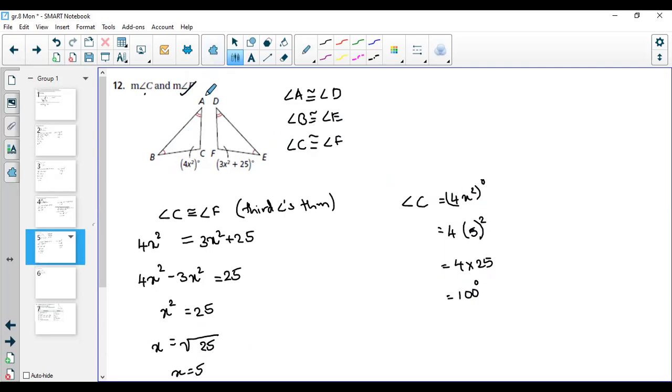Now we also need to find angle F. You can substitute 5 in place of x and find the measure of angle F, but it's not needed, as we already said angle C is congruent to angle F, so that leaves angle F also at 100 degrees because they both have the same measure. That is due to the third angles theorem. So this is how you find the value of the angles using the third angles theorem.